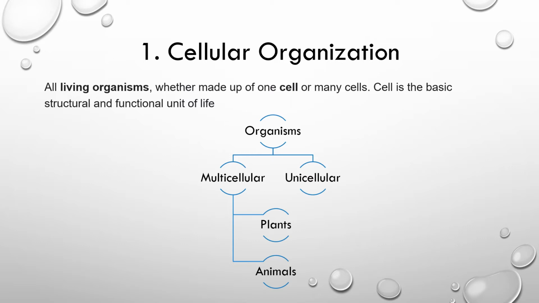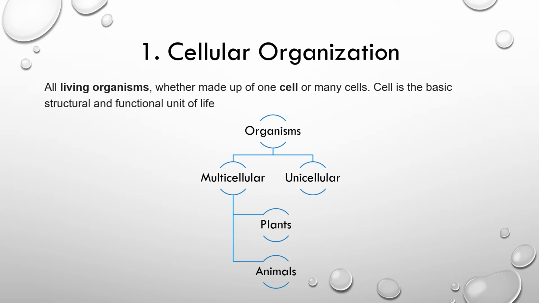Unicellular organisms are made up of only one cell, and all the metabolic functions take place within this one cell. Multicellular organisms are made up of two or more cells, and they are of two main types: plants and animals.